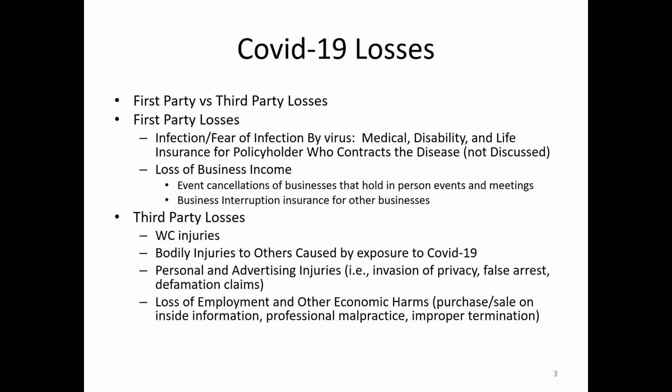Some of the coverages you could get: if you have to go to the hospital, medical insurance; if you become disabled as a result of it and can't work, disability insurance; and life insurance if unfortunately you pass away. Obviously, it would be your estate that would bring the claim for life insurance. This is not going to be part of the presentation today.